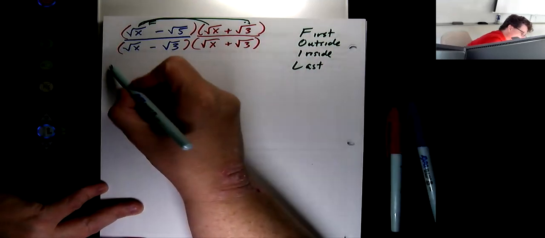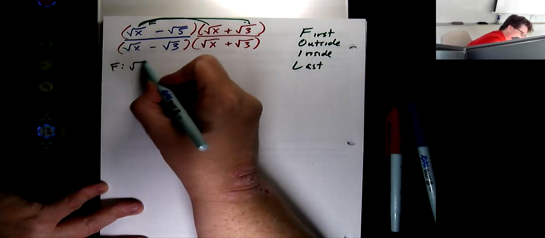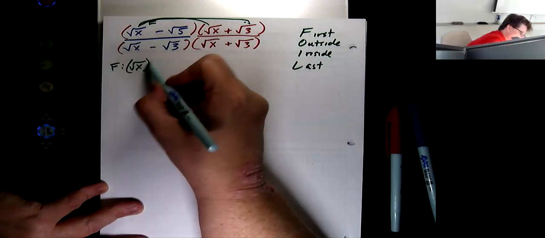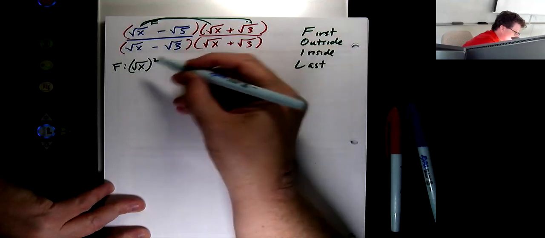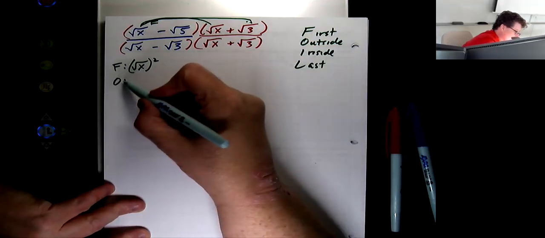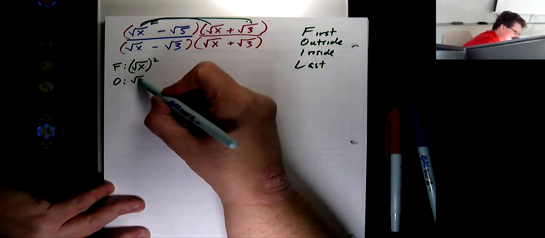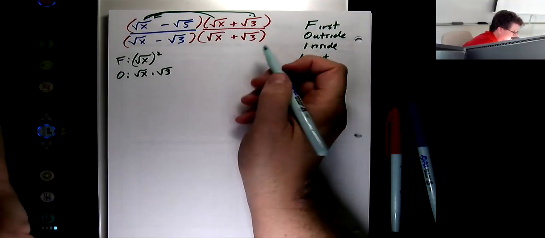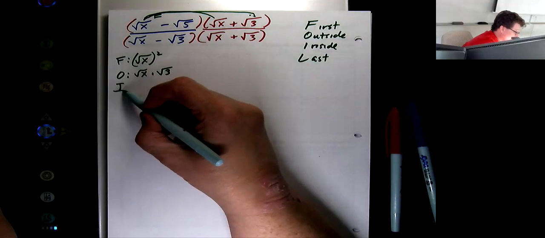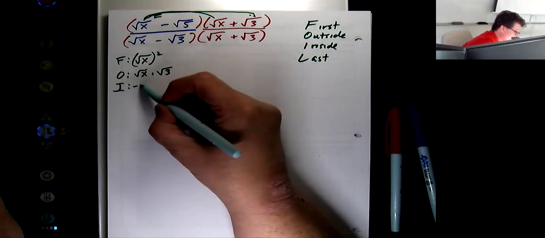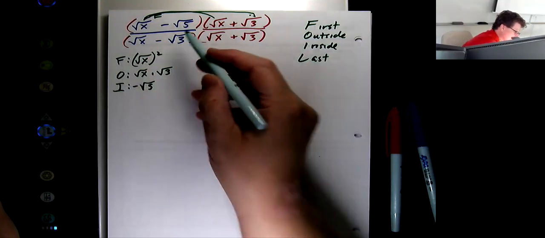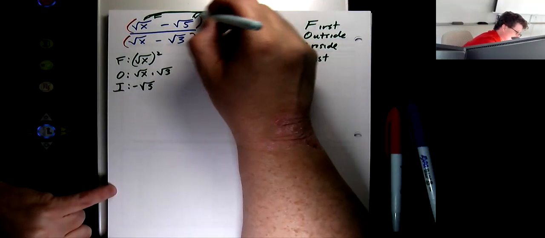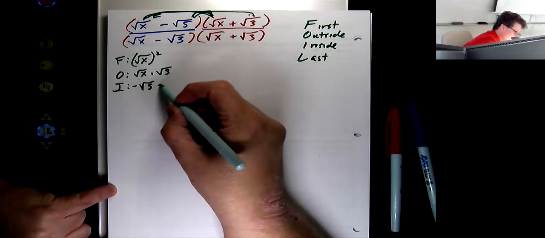So first is square root of x times square root of x, which would be square root of x squared. Outside is square root of x times square root of 3. Inside is negative square root of 5, these two, they're on the inside of that stuff, times square root of x.